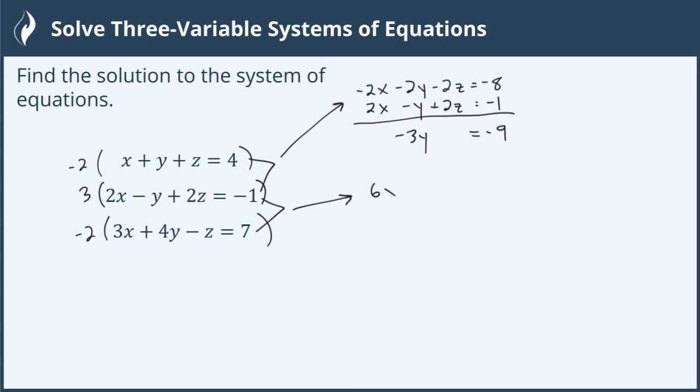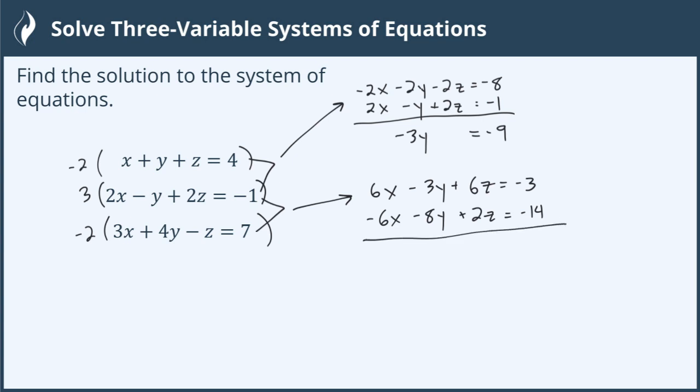I've got my 6x, so I'm distributing the 3 to everything, minus 3y plus 6z is equal to -3. And now distribute the -2, so I get -6x minus 8y, and then plus 2z is equal to -14.